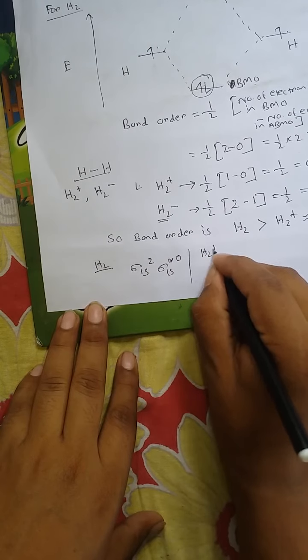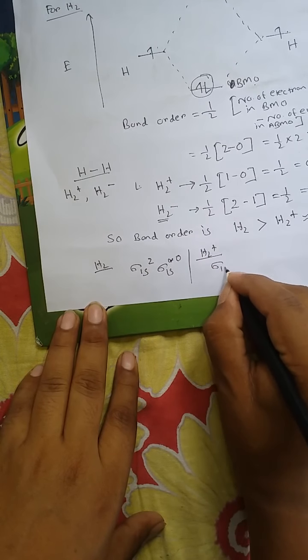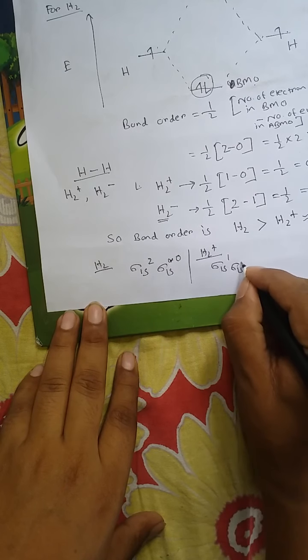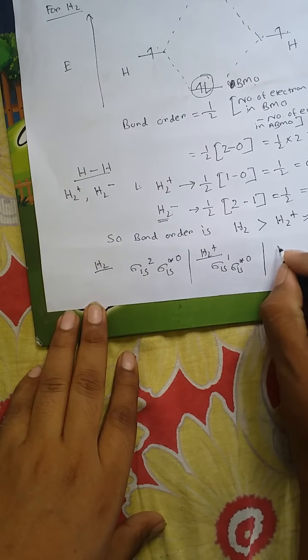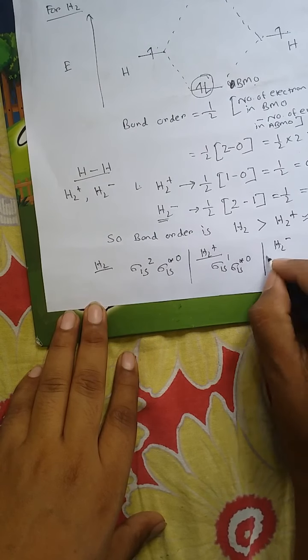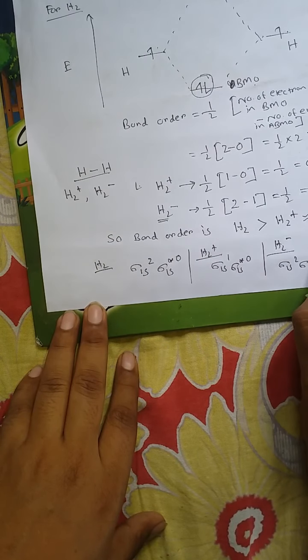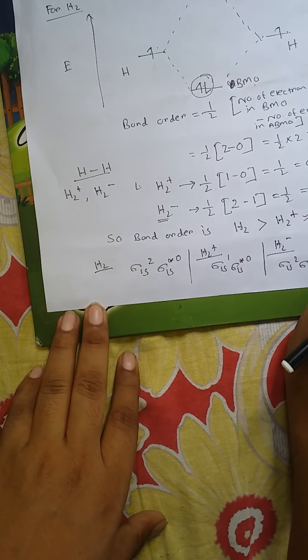For the H2 plus molecule, sigma 1s 1, sigma 1s star 0. For the H2 minus molecule, sigma 1s 2, sigma 1s star 1. Clear?